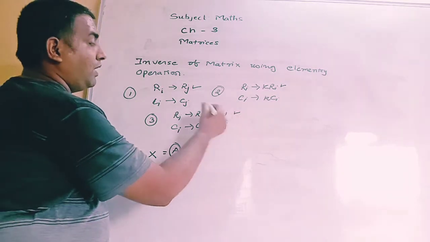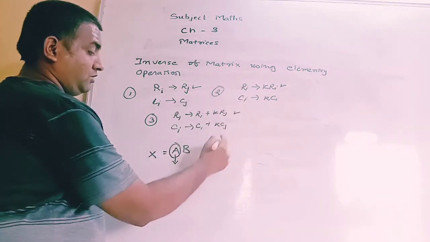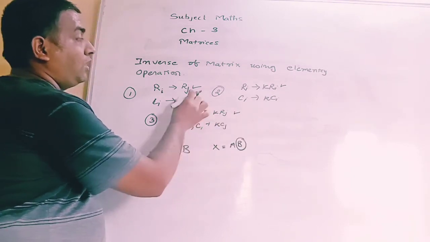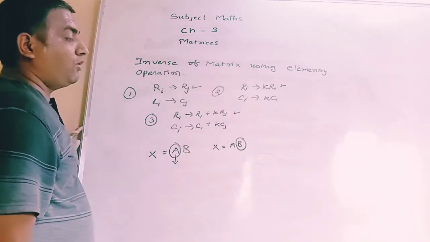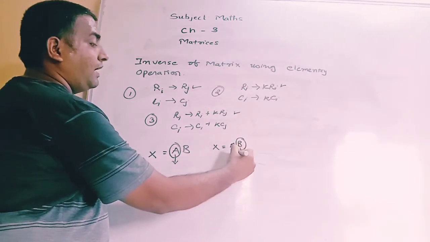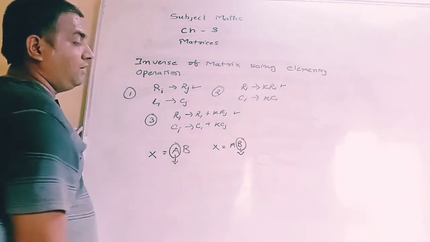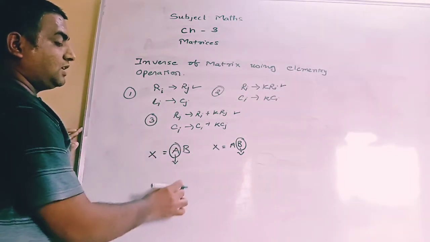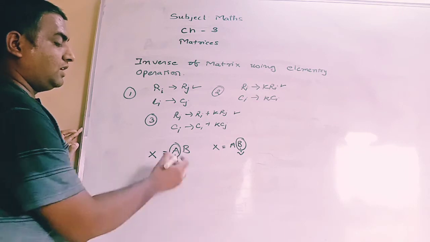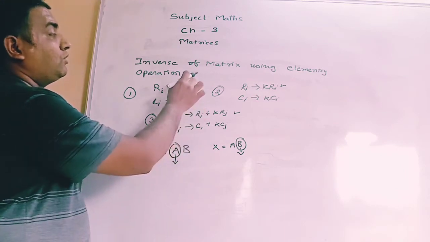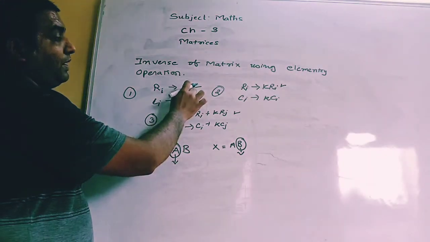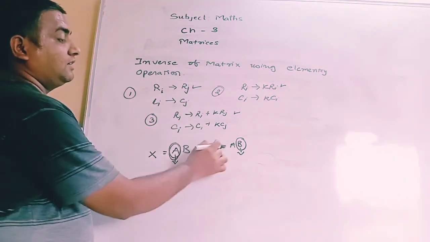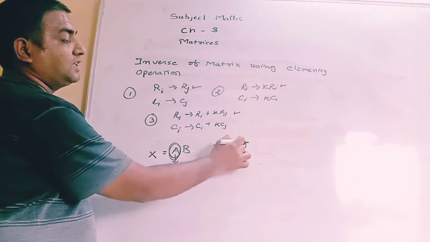And if we want to apply column elementary operations, then we will apply them on the second matrix. So if X equals AB is the product and we want to find the inverse, then for row elementary operations we use the first matrix, and for column elementary operations the second.